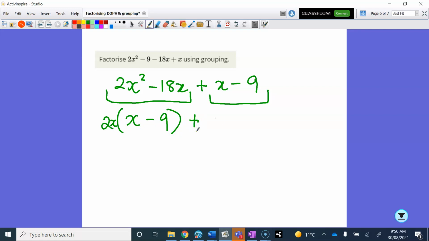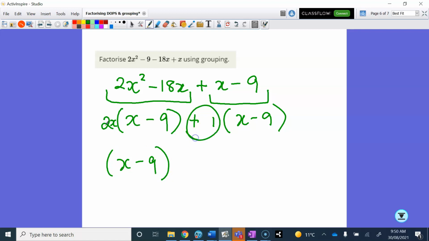And this is basically like having 1 times x minus 9. So now you can see I've got an x minus 9 in both parts of that expression, so I could take out the x minus 9, and the leftover parts are going to be 2x plus 1 to go in the other bracket. So this method only works if there's 4 terms in the expression.